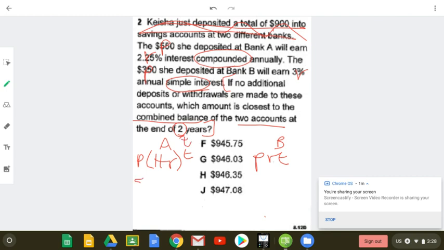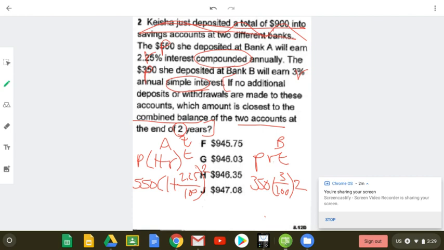I've got 550 times 1 plus 2.25 over 100, to the second power. And on this side, I have 350 times 3 over 100 times 2. I'm not taking that to a power.